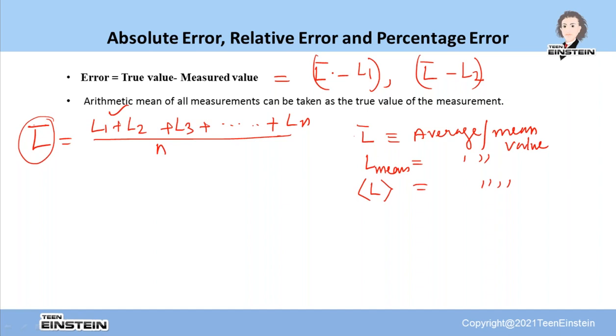So if I take these values, the positive or the magnitude of this value is actually called absolute error. So what is absolute error?